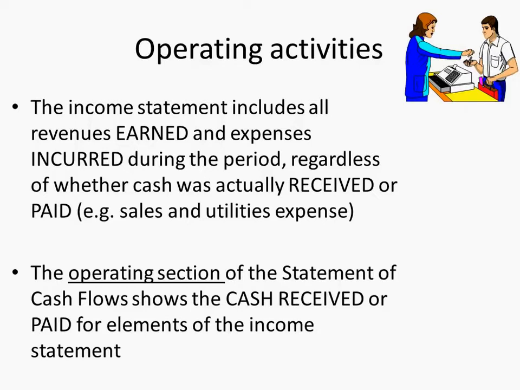So, whereas the income statement tells us what's earned or incurred, the operating section of the statement of cash flows tells us cash received or paid for the elements of the income statement. Some people would call this like the cash basis income statement. That's kind of what the operating section looks like, particularly in the direct method, which we're going to talk about later.